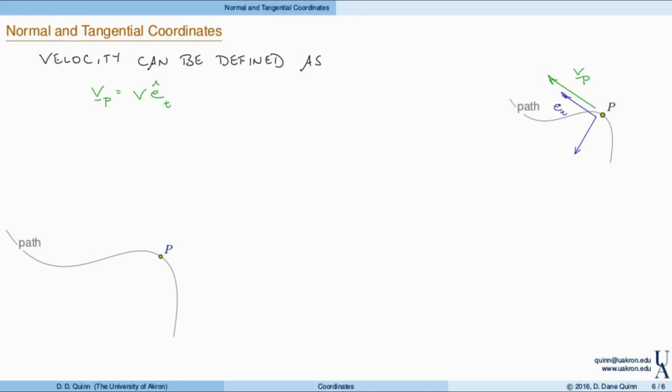So et is this direction, and en will be, again, the orthogonal or perpendicular direction directed inward to the path. So once again, the directions et and en move with the point. As the point changes and moves around, then et and en can move with it. So they move with the velocity.